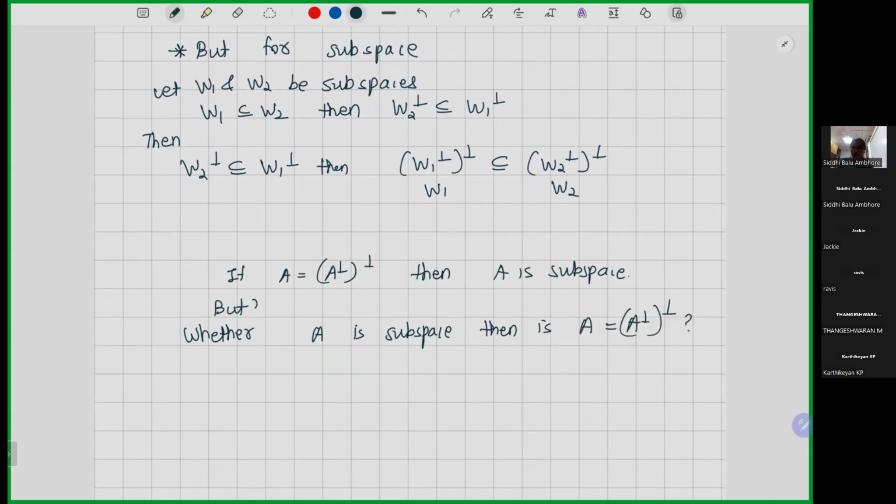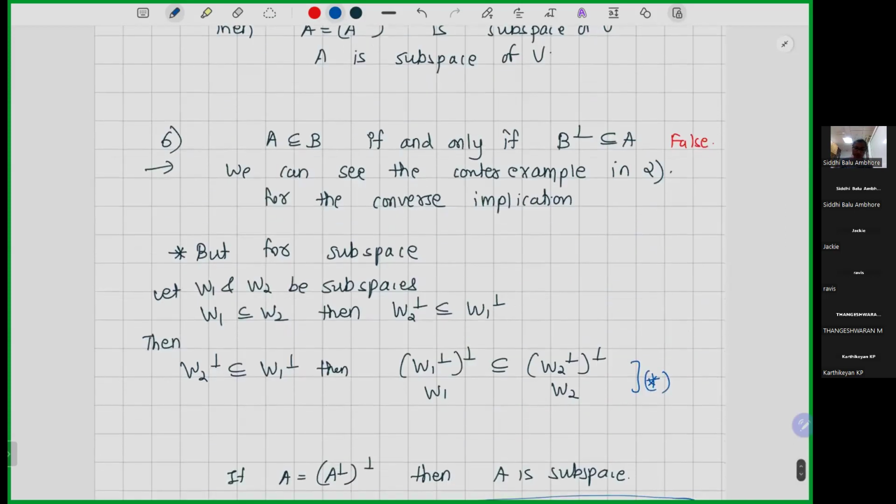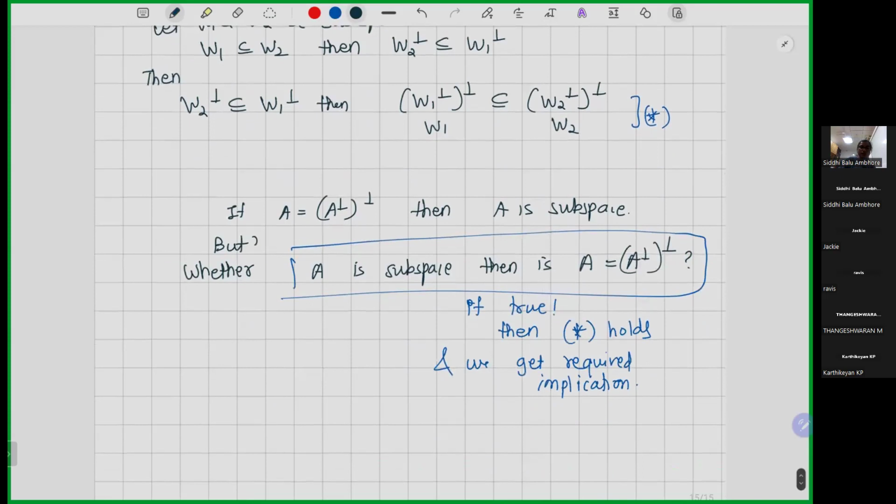Because if this statement is true, and I call this star, then star holds and we get the required implication, that A contained in B if and only if B perp contained in A perp is true for vector spaces.